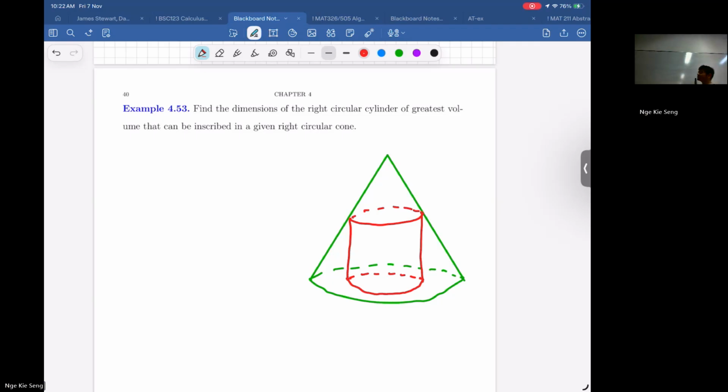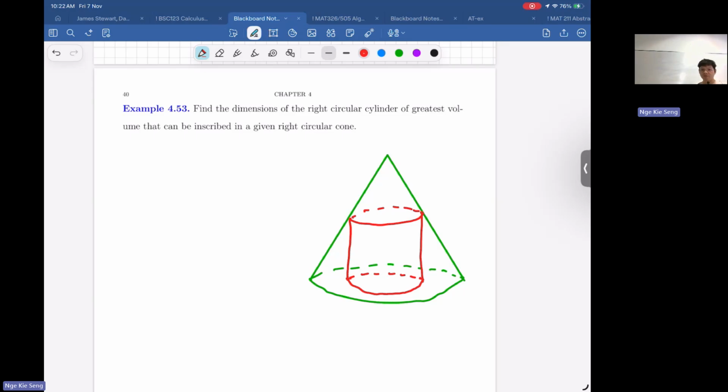Okay. So you could imagine that the radius of this cylinder is restricted by the cone. And also the height: once your radius gets restricted, your height also gets restricted. So there is a certain relation here. But you want to maximize the volume.